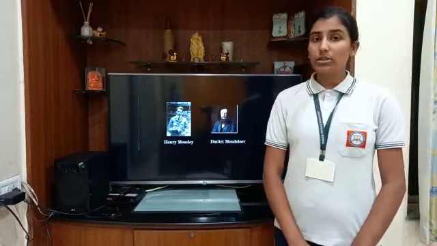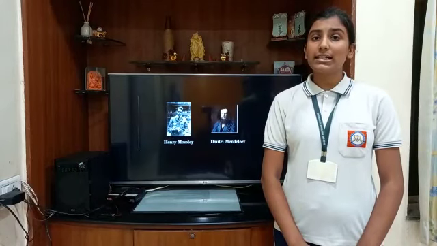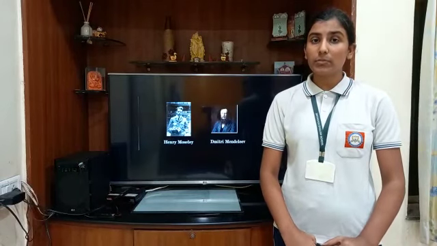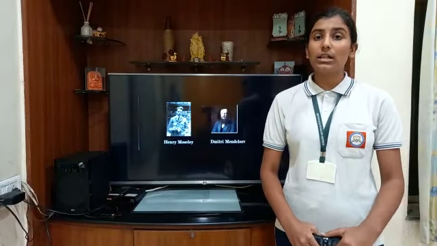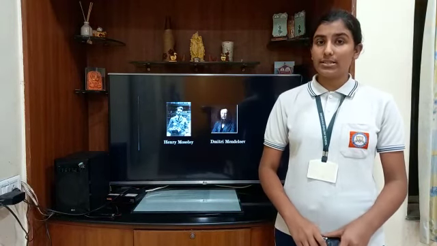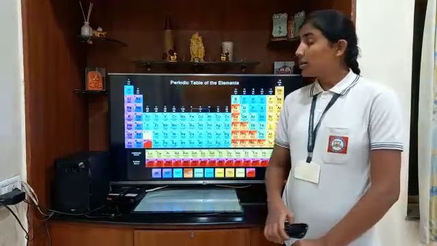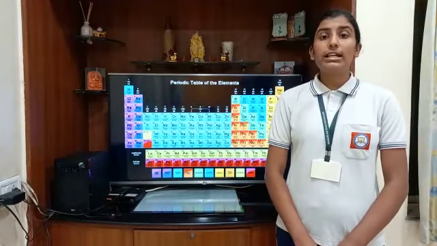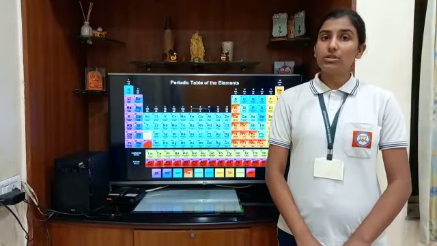And Henry Moseley, instead of arranging them according to their atomic masses, arranged them according to their atomic number, and hence this made a huge difference. This is the periodic table of the elements which we are going to study today.